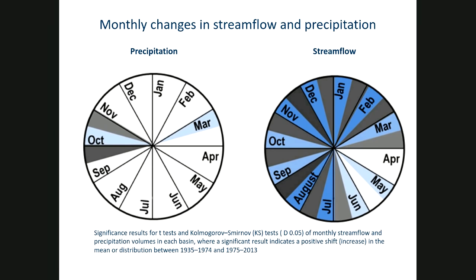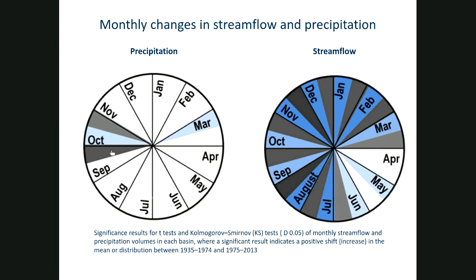They also looked at monthly changes in stream flow and precip. So this is looking at monthly precip, and every place that there is a color-coded slice of the pie, there is a statistically significant change in precipitation, or the distribution of precipitation, or the percentage of precipitation that occurred in that month.